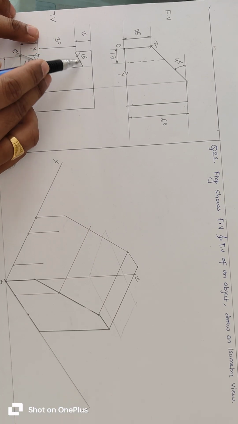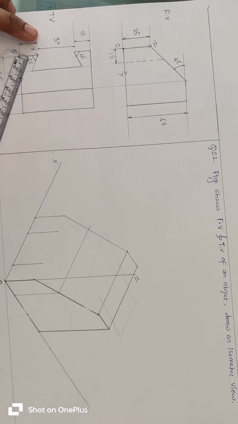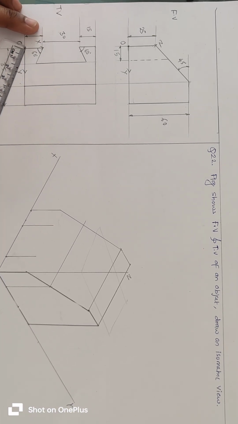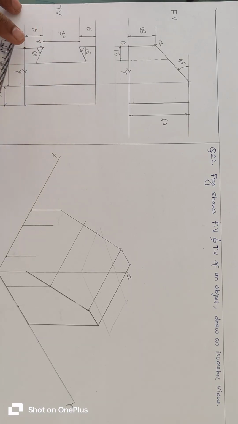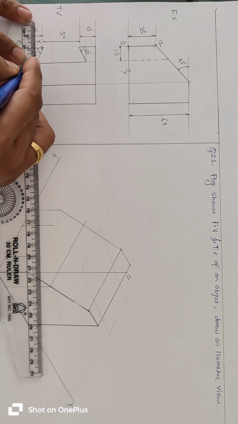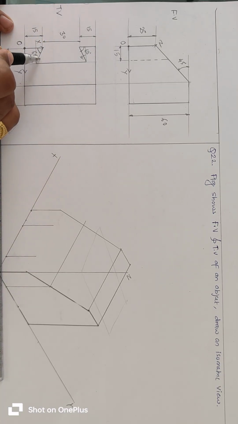now we have to draw this 60-degree line. For that we cannot take direct angle in isometry, so if we draw a horizontal line here, then this internal angle becomes 30 degree.